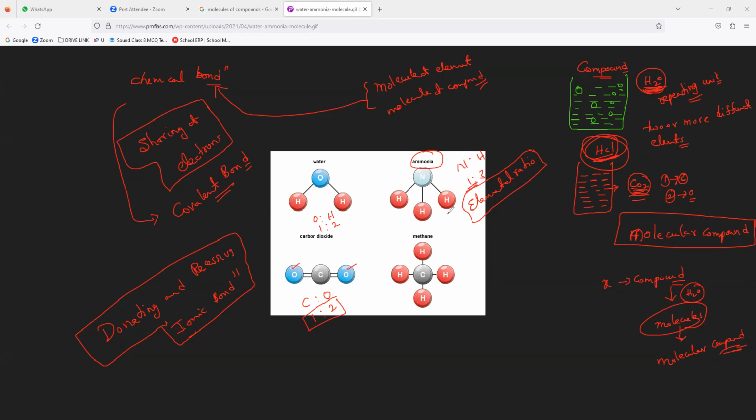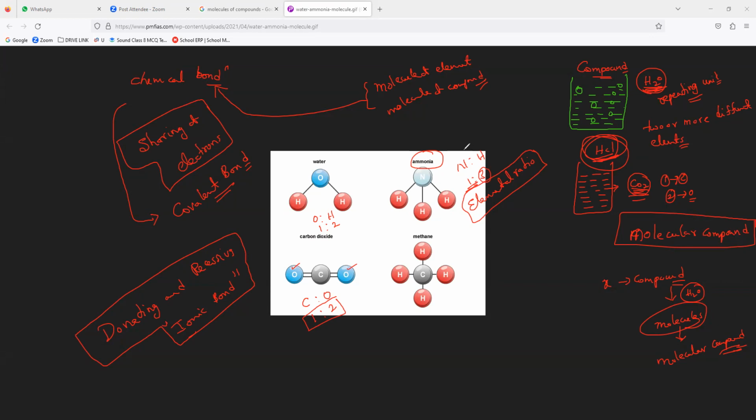One nitrogen atom and three hydrogen atoms. Do you understand, everybody? So that is what definite proportion means. Every different molecule of a compound has fixed proportions of elements. Are you clear, all of you?